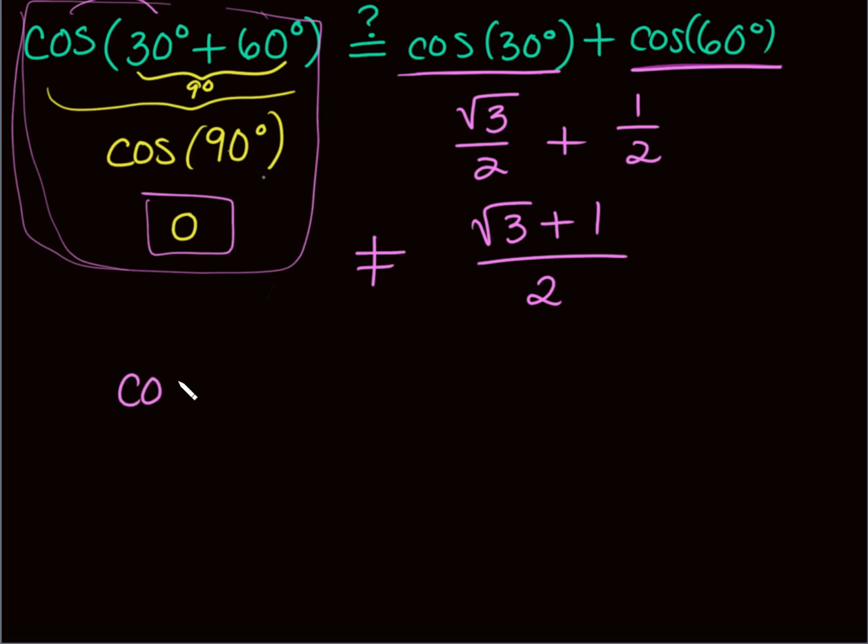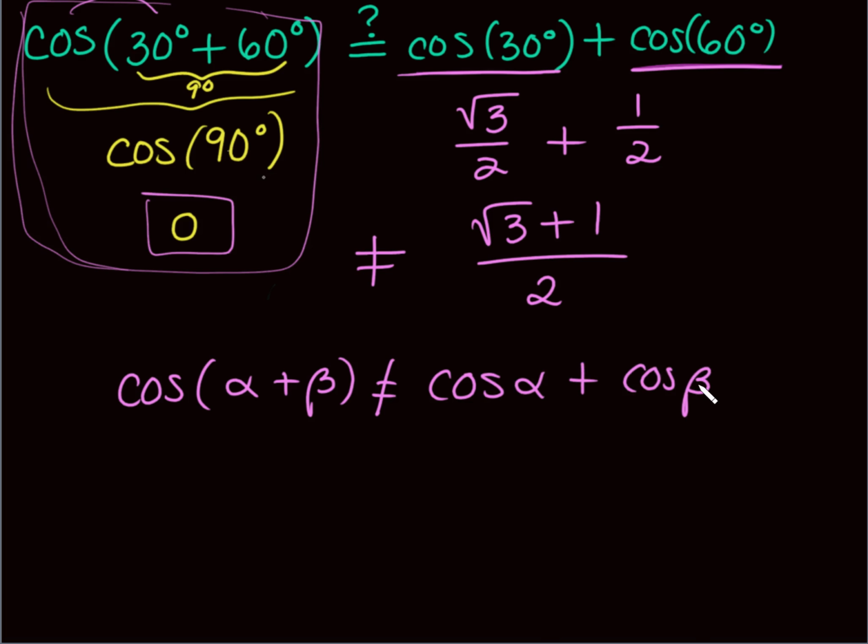What I'm trying to show here, I really need you to understand that we cannot take the cosine of alpha plus the cosine of beta and set that equal to the cosine of alpha plus beta. Don't do it. We cannot distribute cosine. This cosine here is a function. It's an operation that's happening to those angles or the real numbers. So we can't just distribute.